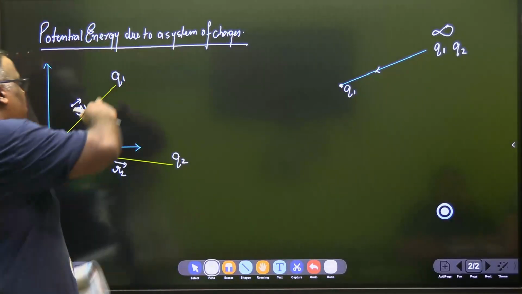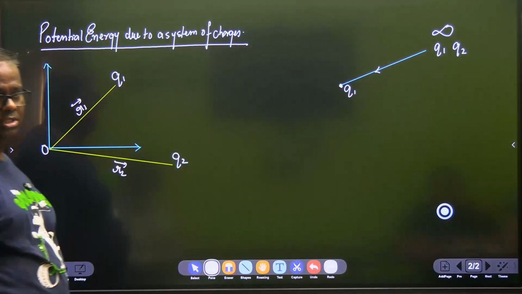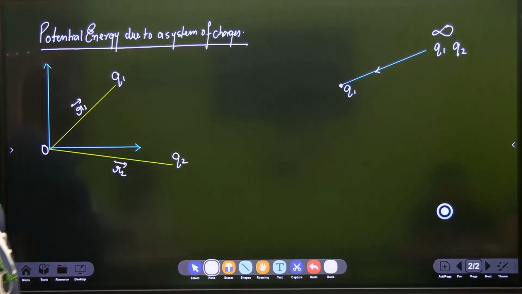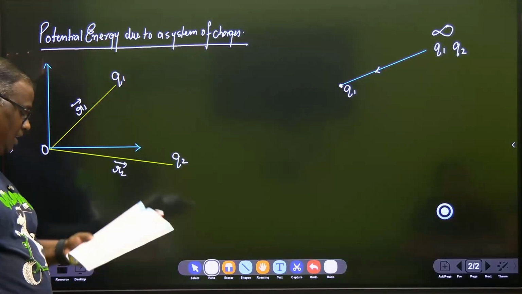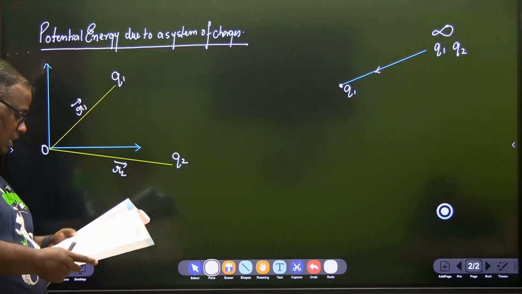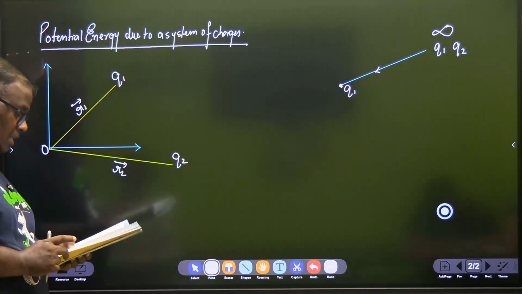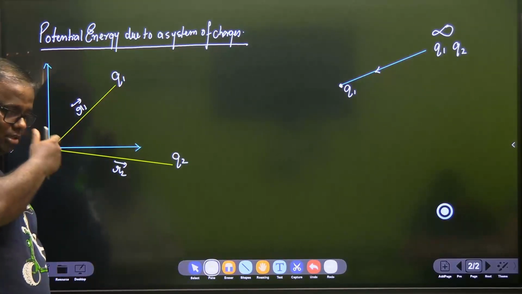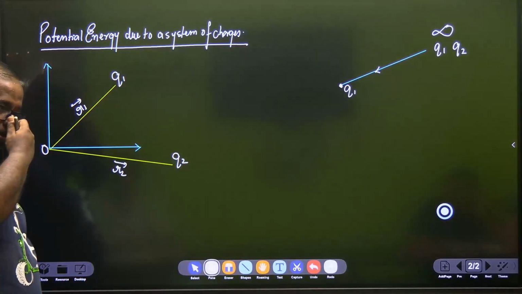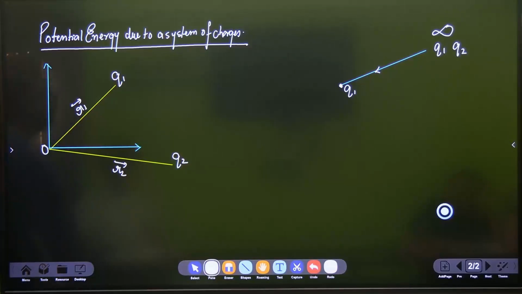What is the point R1? This is the point R1 where you have brought. R1 means it is at a distance R1 from the origin. Now when you are bringing Q1 to R1, try to understand, there was no charge out there present at all. There was no charge.